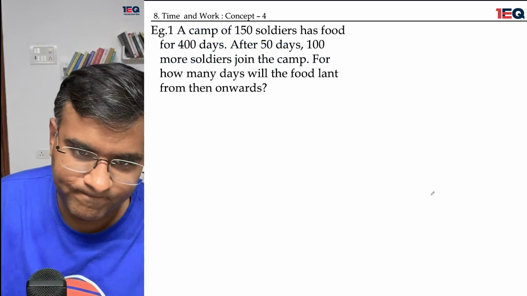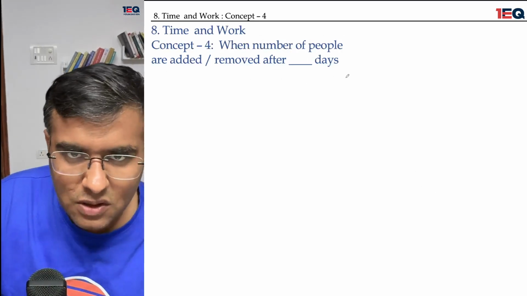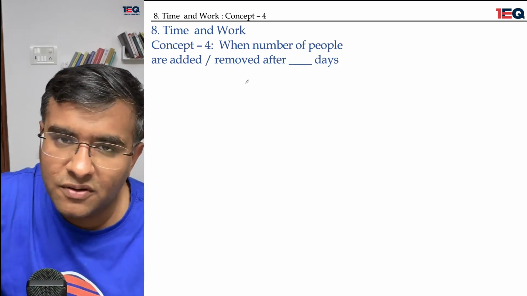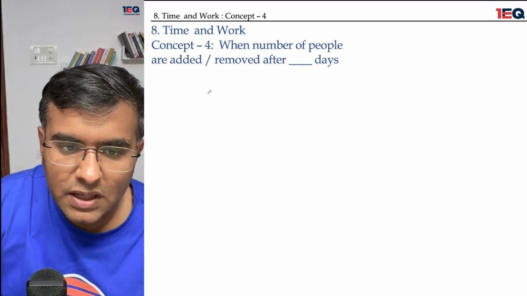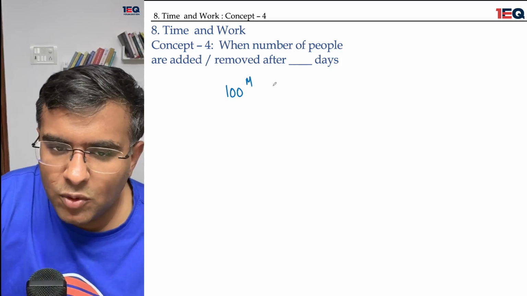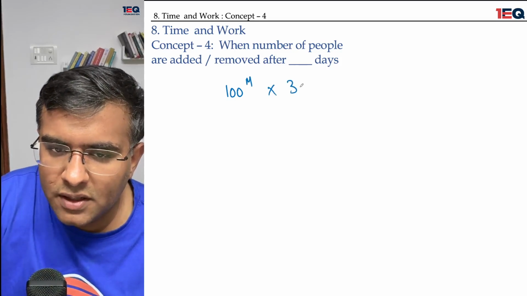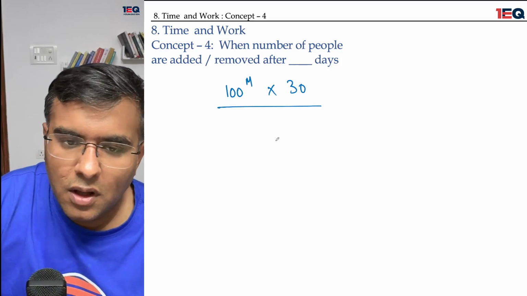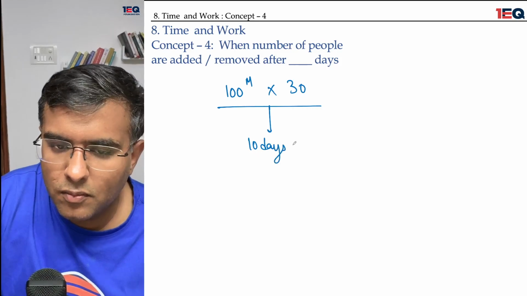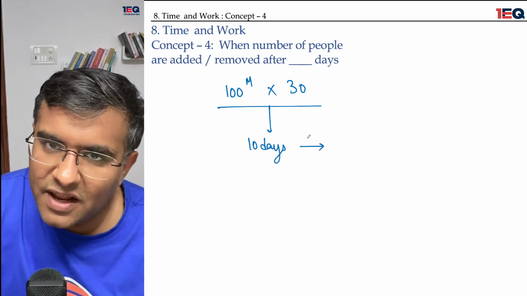Now, this concept I haven't taught you when I was talking about the entire chapter of time and work. Let's say that 100 men came together to build a wall in 30 days. After 10 days, a few men left.